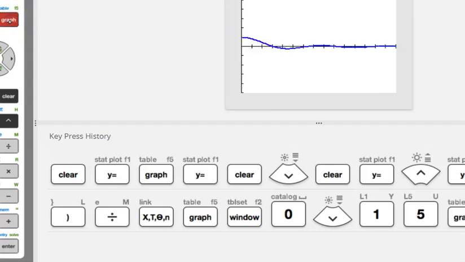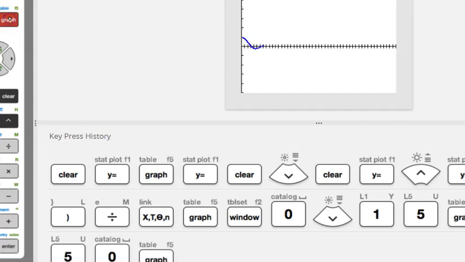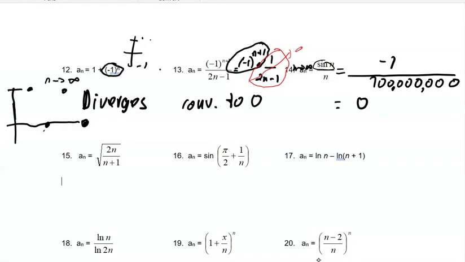You'll see how that gets tighter and tighter and tighter to the x-axis. Even if I make our window a little bit bigger, let's say 50, you can see it pretty much is just hugging the x-axis that whole time. You can't really tell the difference between them. Okay. All right, 15. Let's rewrite this thing.